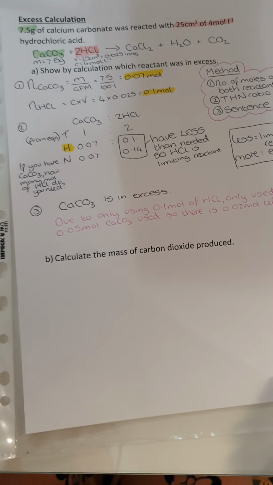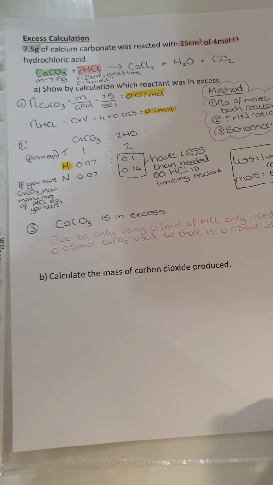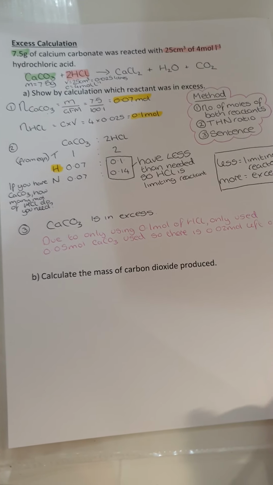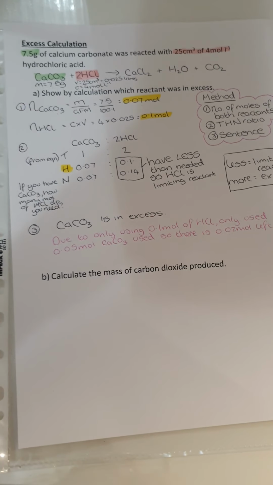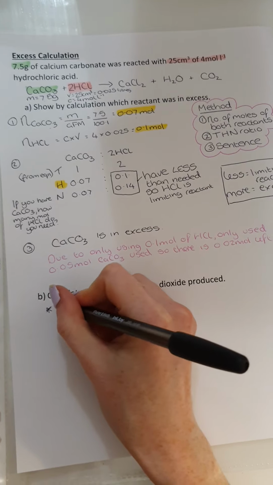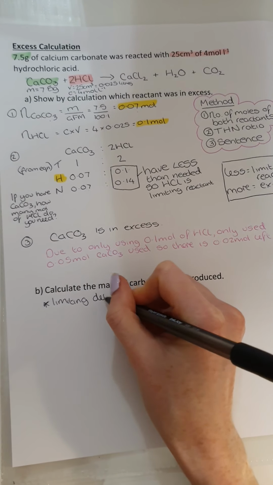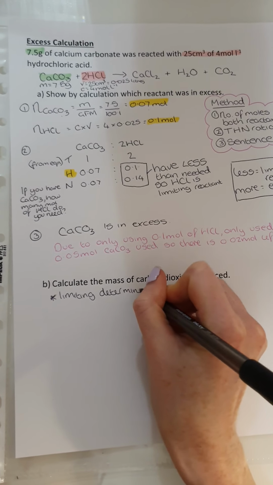The second half of it is quite unusual to be asked, but could be asked, is to then take it further and decide, well, how much carbon dioxide did you make? So in this case, you need to be aware that the limiting reactant determines the product.